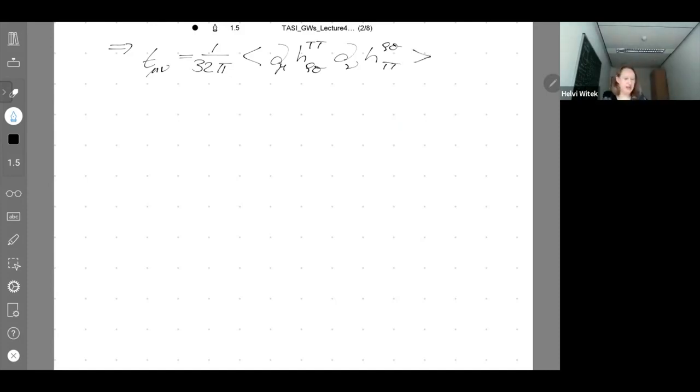So this is our final expression for this energy momentum pseudotensor. And since that describes the energy of the gravitational field, we can now use this tensor to try and define or talk about an energy flux and the luminosity of gravitational waves.